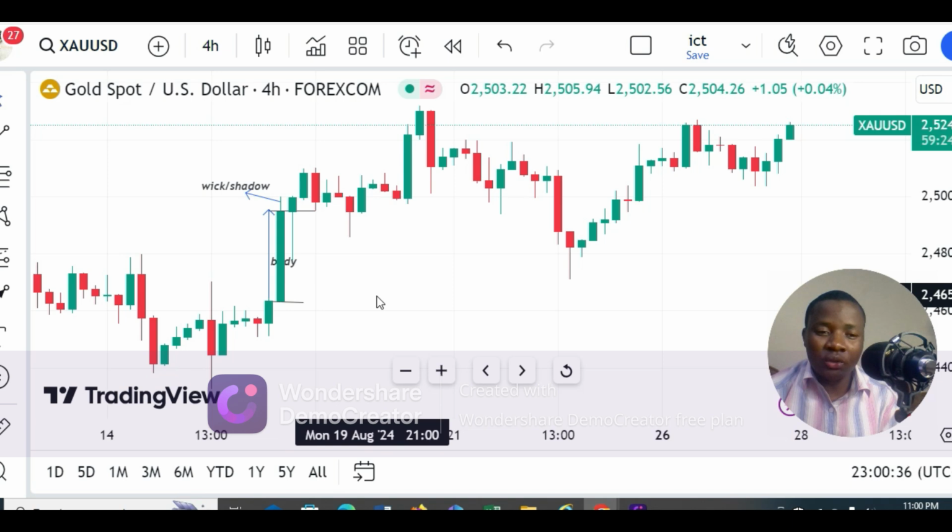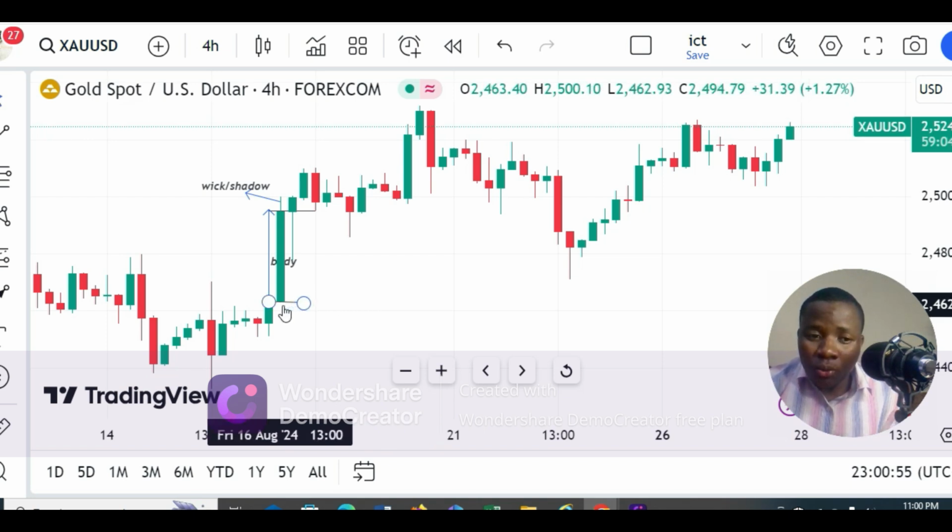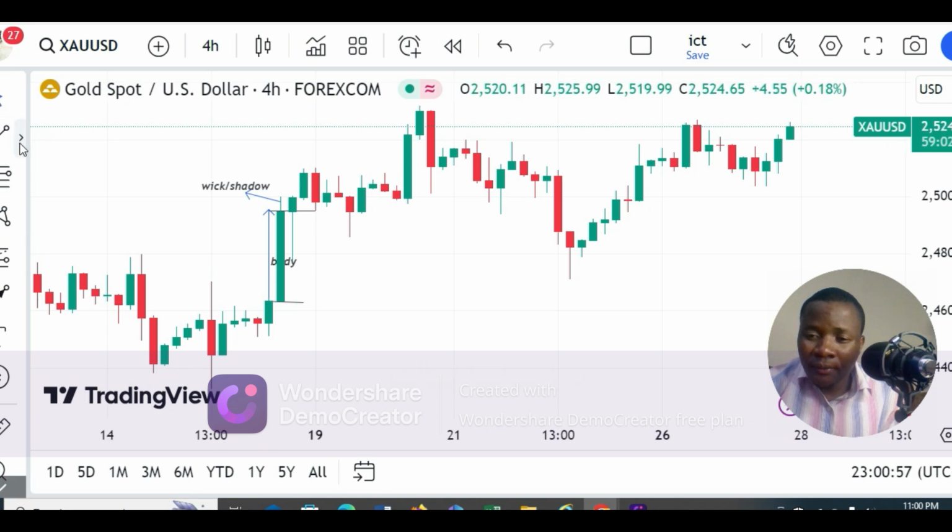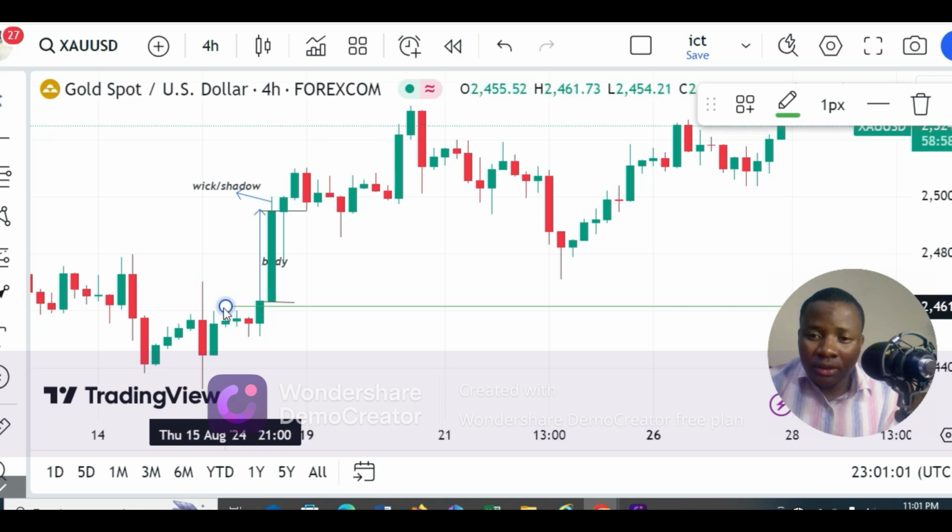A bullish candlestick is the one that is formed when price closes higher than the opening point. For example, the price opened here in this candlestick. This is gold.